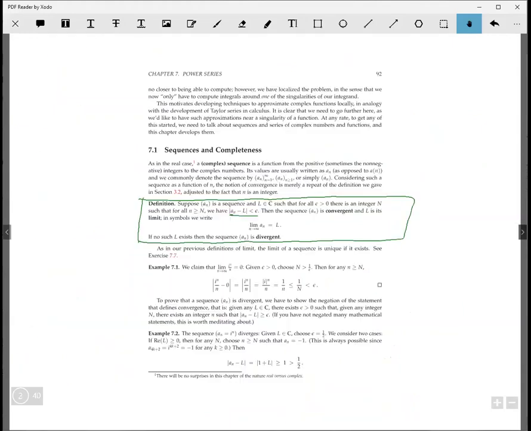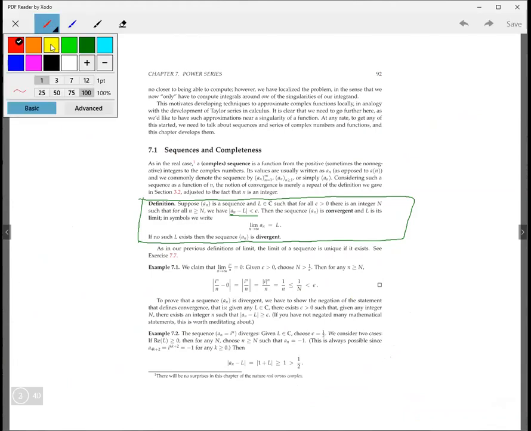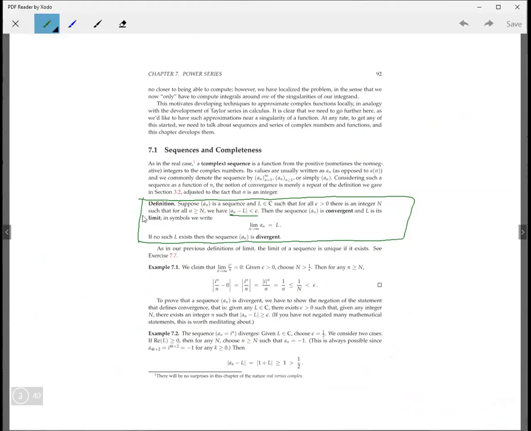Okay, so let me go over here really quickly and show what we were supposed to do. Show the elements of what we were supposed to do here. Okay, so the proof is: let epsilon greater than 0.